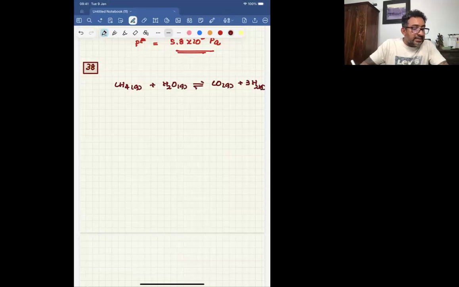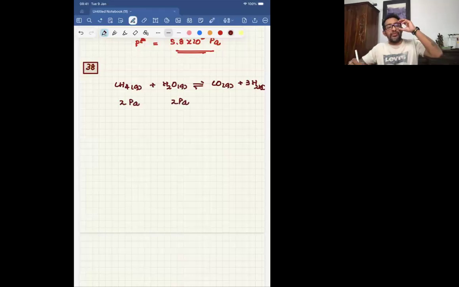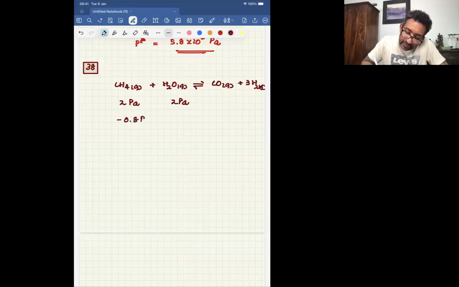So at the very beginning, it says 2 pascals. Make it 2 pascals. This is also 2 pascals. That means same number of moles. 40% of methane is converted to carbon monoxide when the following equilibrium is reached. So 40% means that is the number of moles. Pressure also changed by 40%. So 40% out of 2 is, how much is that? 0.8 pascals. So here it is 0.8 pascals reduce. Here also it is 0.8 pascals reduce.